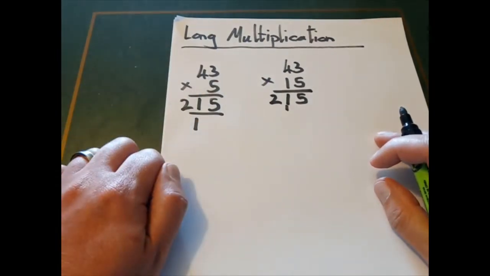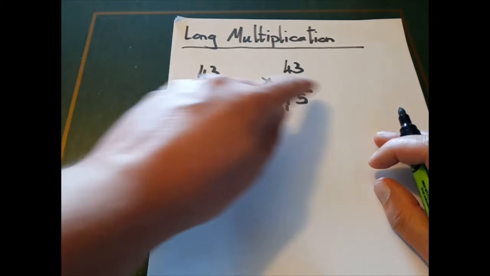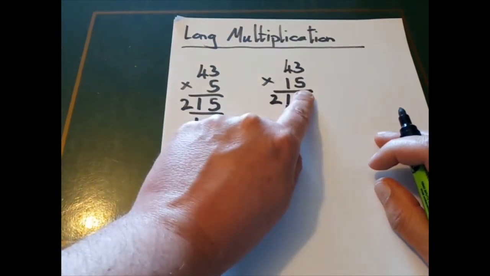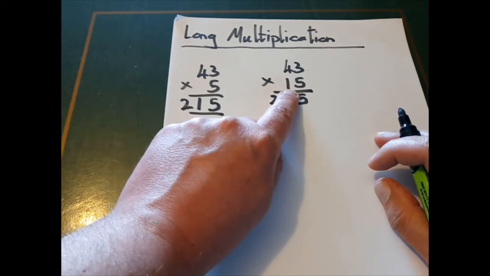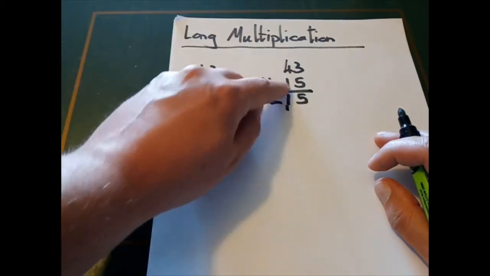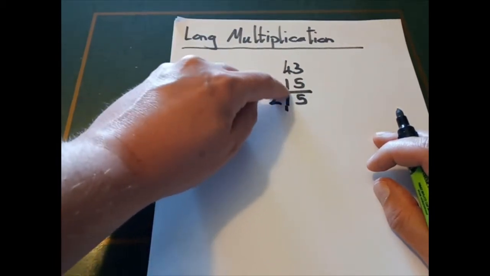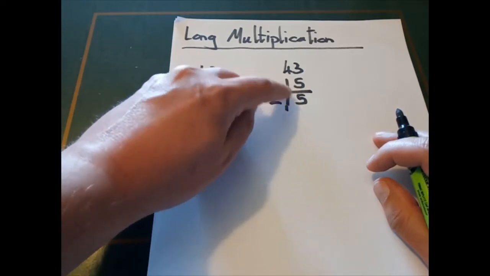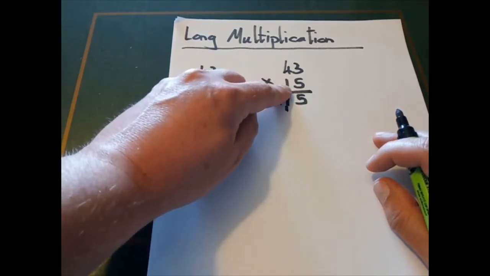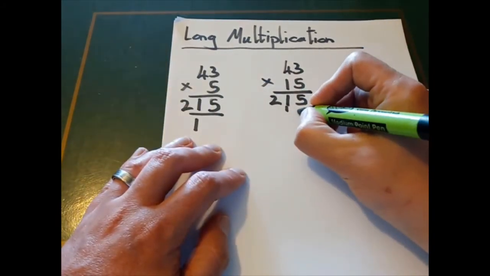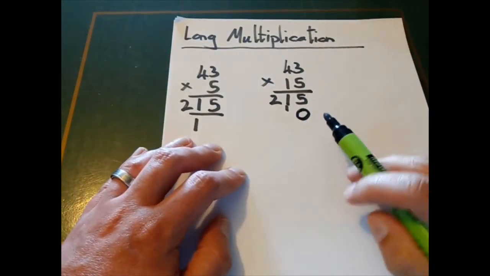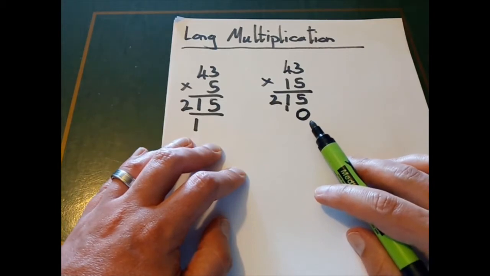This is where long multiplication differs. We move across now to multiply everything by the 1. Now remember, this 1 is in the tens column. If we're multiplying everything in the tens column, we have to make sure everything is 10 times larger. This is where what we all know as the placeholder 0 comes in.